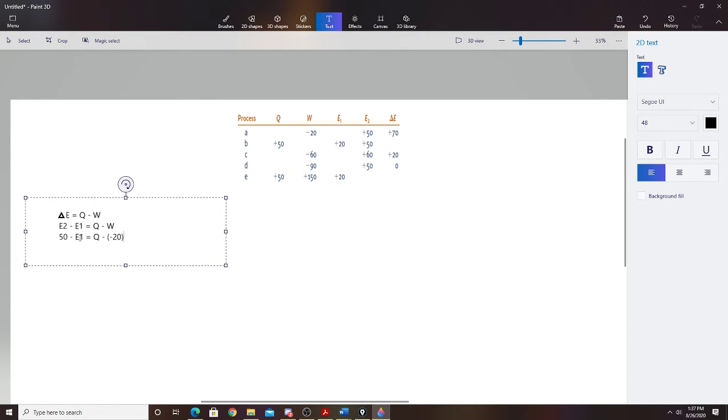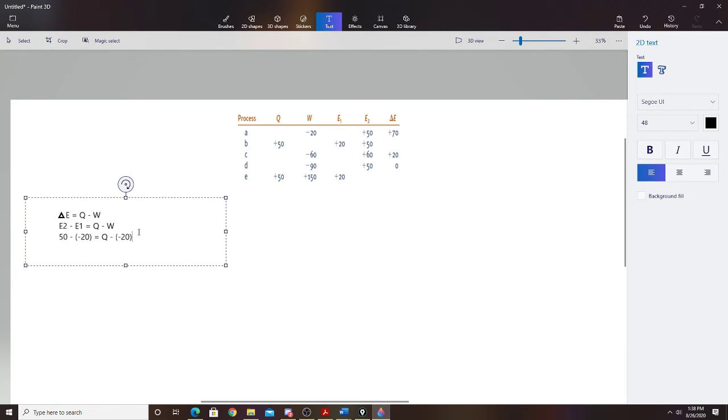Is that negative 20? So what he's saying is right here, let me replace this with negative 20. So what he said was that because delta E is 70, we have 50 minus, and then obviously it has to change to a plus to get us to 70, right? So does that make sense for everybody? I think it makes sense for me. Right? So that means now we have 70 is equal to Q minus the work, right?